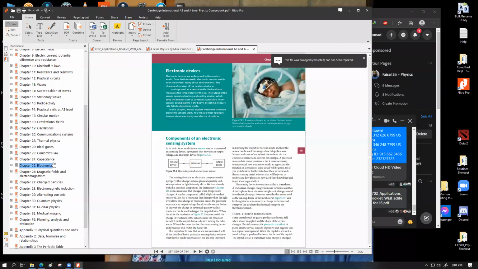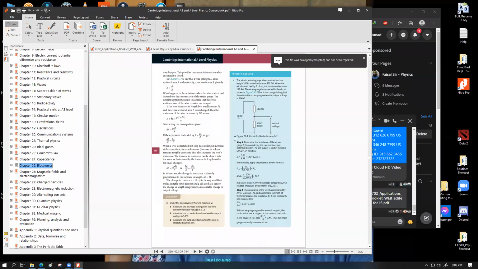So the electronics chapter is located between capacitance and magnetic field. So it's possible that they're going to give you problems from the direct sensing worksheet around this chapter.